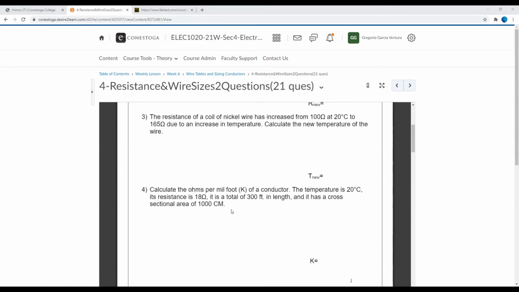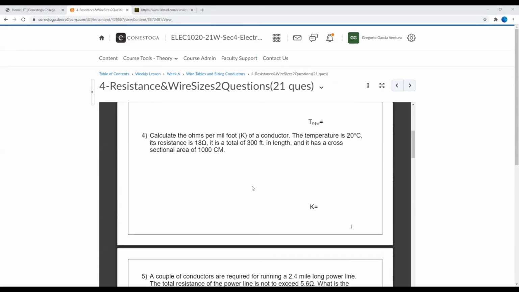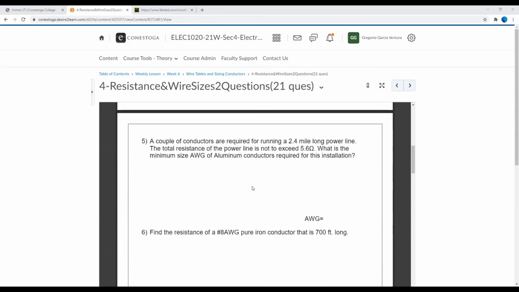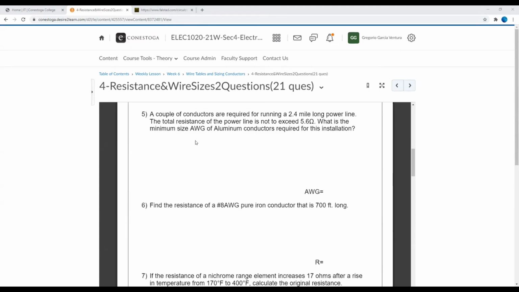So in this instance, let's do problem number 5. We want to determine what AWG wire is required for an application. A couple of conductors are required for running a 2.4 mile long power line.